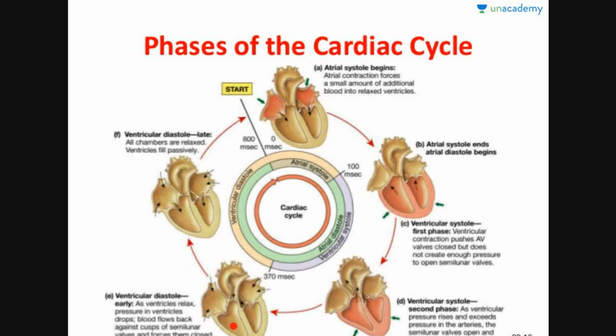Okay, we do not need to confuse in both these terms. Then afterwards, as more relaxation occurs, now AV valves open because the pressure of the atrial side is more as compared to that of the ventricular side, so the blood starts pouring into the ventricles from the atria.